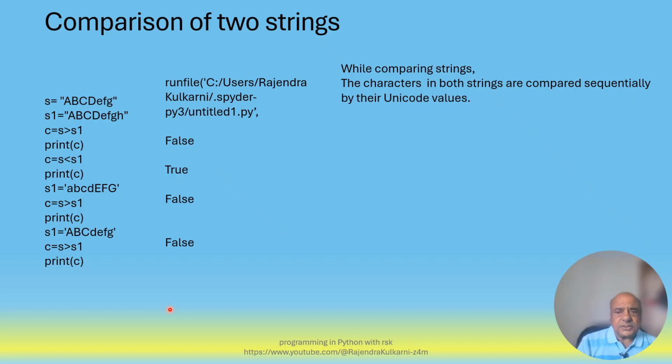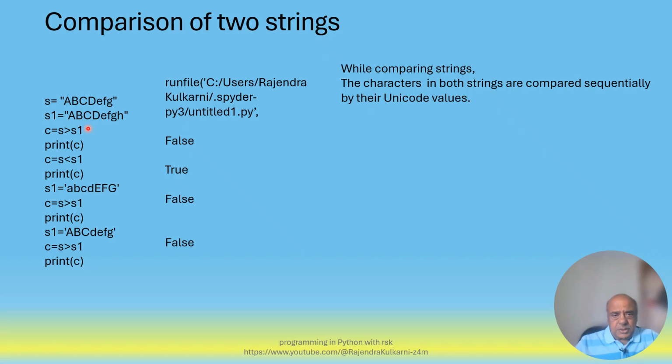While comparing strings, the characters in both the strings are compared sequentially by their Unicode values. So when we evaluate S greater than S1, A will be compared with A of S and S1, B will be compared with B of S and S1.